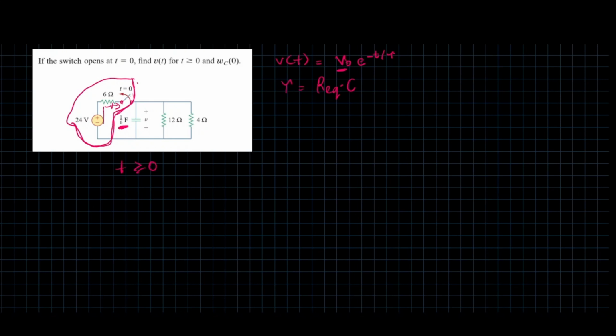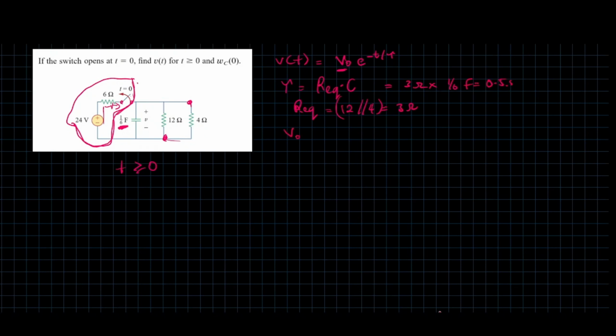Current can't flow there again. So Req in this case will simply be these two resistors which are in parallel with each other. 12 in parallel with 4 is equal to 3 ohms. Then 3 ohms times 1 over 6 farads is equal to 0.5 seconds.